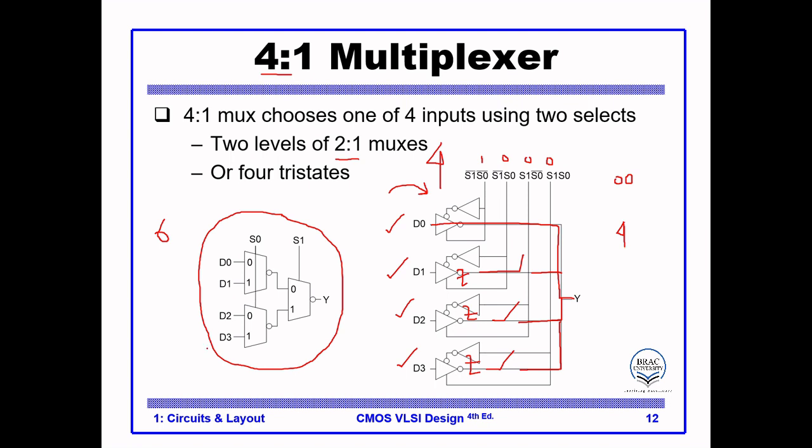But on this one we have the advantage of this being a non-inverting 4 to 1 mux, but the one on the right hand side is indeed an inverting 4 by 1 mux.